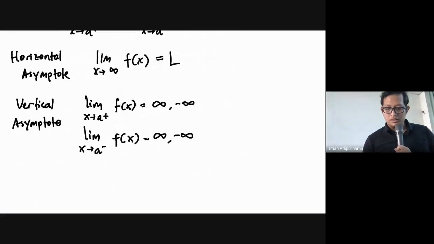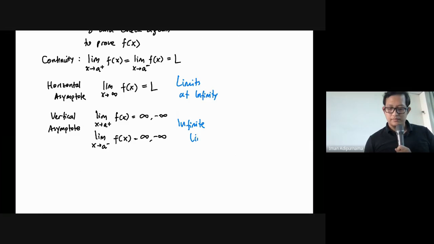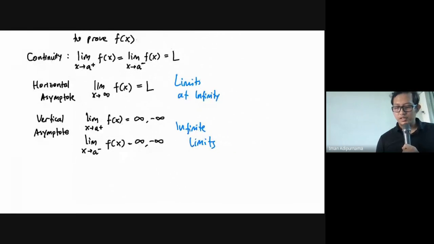In your textbook, this is called limits at infinity, and this is infinite limits. Limits at infinity is when you approach x to infinity.